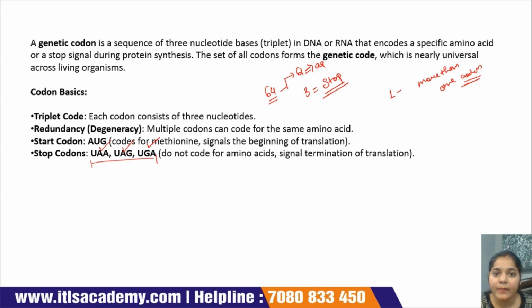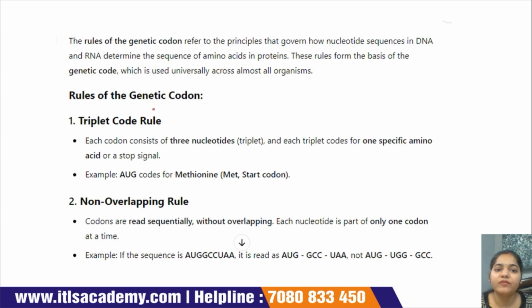Now we discuss the rules of the genetic code. First is the triplet code rule. Triplet code rule means each codon consists of 3 nucleotides, and each triplet codes for one specific amino acid or a stop signal. AUG is known as the start codon, and it codes methionine. Next is the non-overlapping rule. Codons are read sequentially without overlapping.